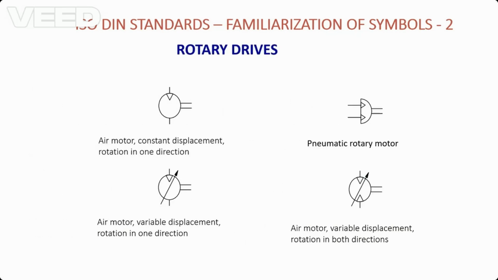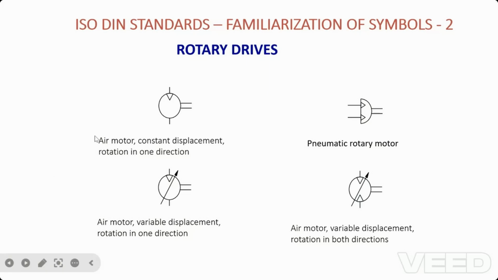And here we have two types. As I said, two types. In this, we have differentiations. Let us see those. If an actuator rotates continuously in 360 degrees, we call it an air motor. Here you can see it has been displayed in a circle. We have an inlet and outlet for airflow purpose, and this has only a single inlet. The air flows from the top and it will rotate only in one direction.